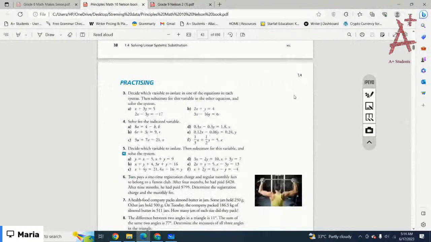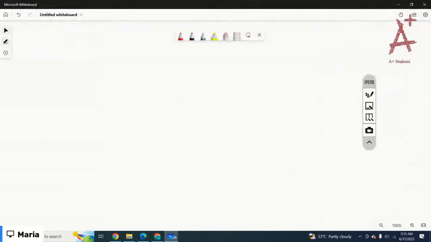Question number 4a is 8A equals 4 minus B. You have to solve this equation for B.